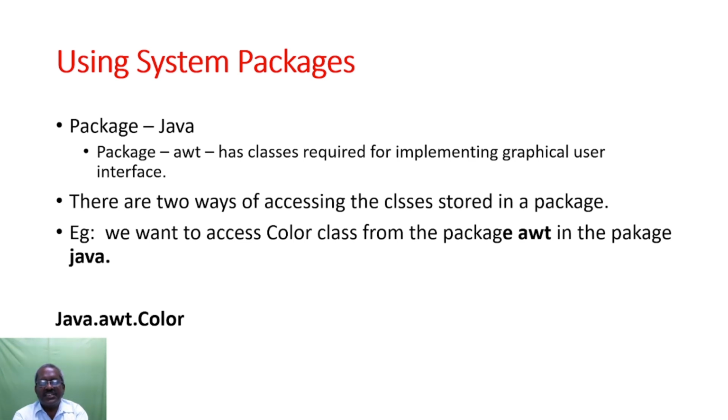For example, we want to access the color class from the package AWT. How will you do that? java.awt.Color. Java is a package; inside that you have AWT, another package, and inside that you have another one, the Color class.